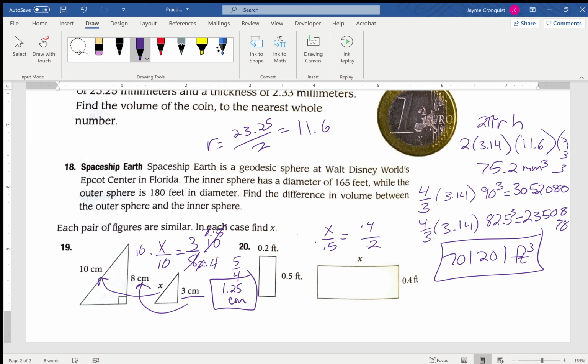If I multiply both sides by 0.5, 0.4 over 0.2 is 2, so I have 2 times 0.5, which should be 1. Yes. So, yep. All right, and we are done. Good job, everybody.